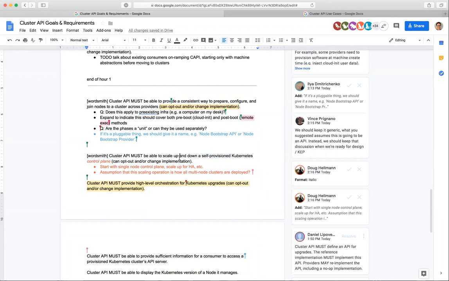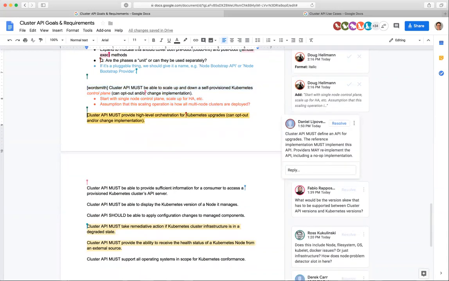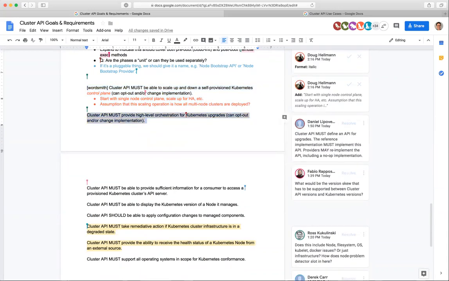All right, so I would recommend that if you have additional comments or questions or wordsmithing on this one, please feel free to add bullets below or comments. The next topic is that Cluster API must provide high-level orchestration for Kubernetes upgrades. Again, hookable, swappable from an implementation perspective.